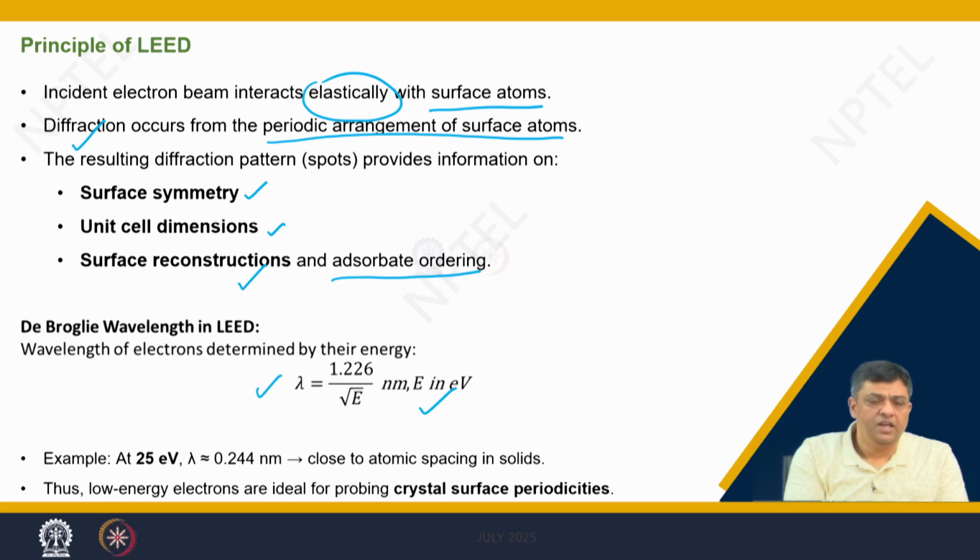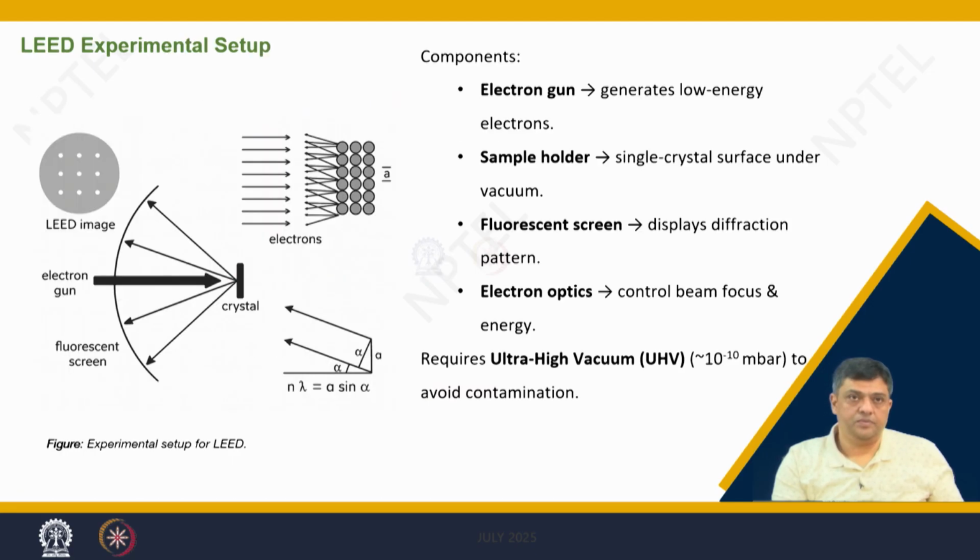For example, if you have 25 eV, lambda is approximately 0.244 nanometer, which is close to the atomic spacing in solids, and so you can use this for carrying out the diffraction analysis. So, you have low energy electrons which are ideal for determining the crystal structure periodicities.